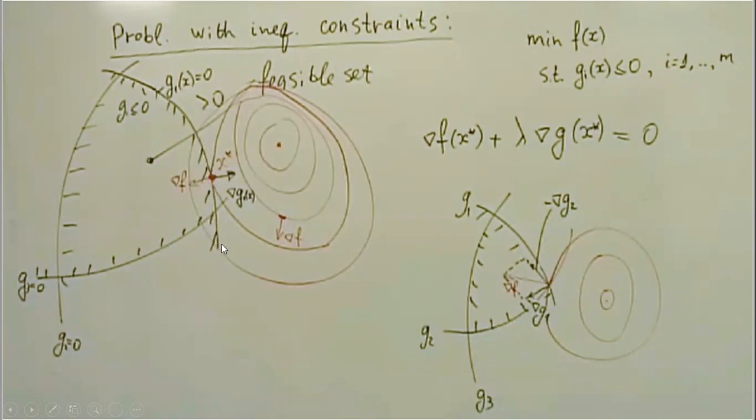But we also know that g1 is negative or equal 0 in the feasible area and positive outside of the feasible area. So the direction of the gradient of g1 is into the minimum point. So the gradient of f(x optimum) plus lambda multiplied by the gradient of g(x optimum) equals 0, because they are in opposite directions.